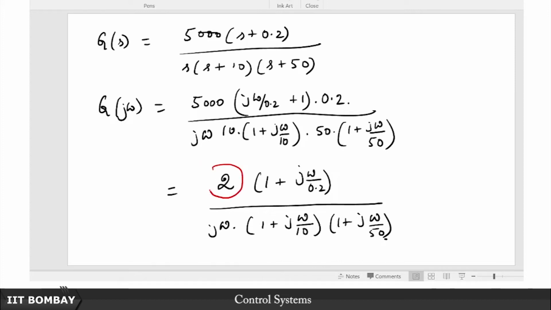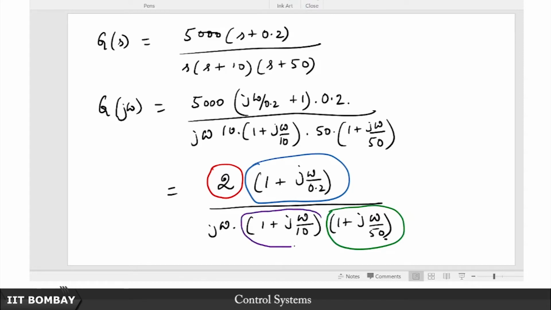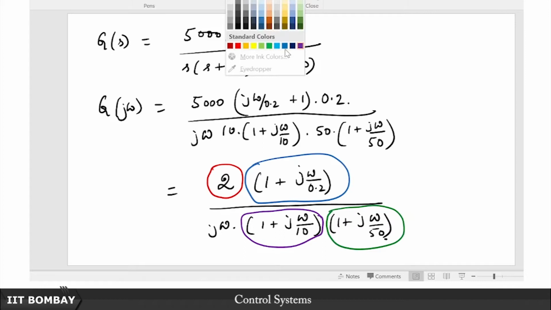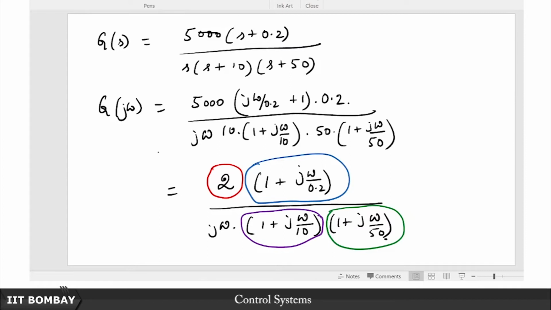This is my constant block, this is a first order zero, this is a first order pole, this is yet another first order pole, and let us leave it black, this is the integrator, right.